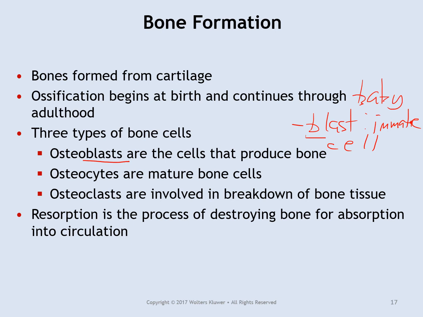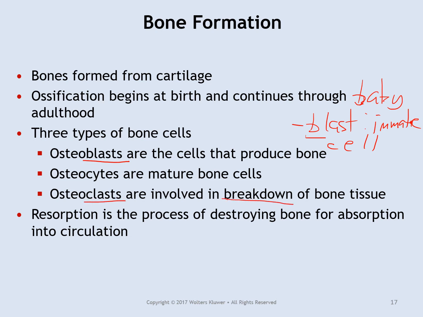It's a little baby cell that hasn't matured yet. It's not completely developed. Osteocytes are mature bone cells. They maintain the bone. They keep it supported. They help to bring nutrients to the bone tissue. And then osteoclasts destroy bone.